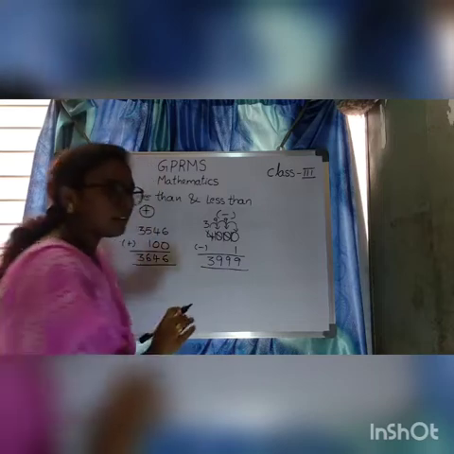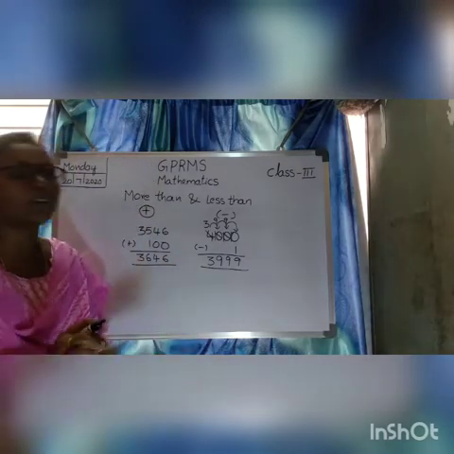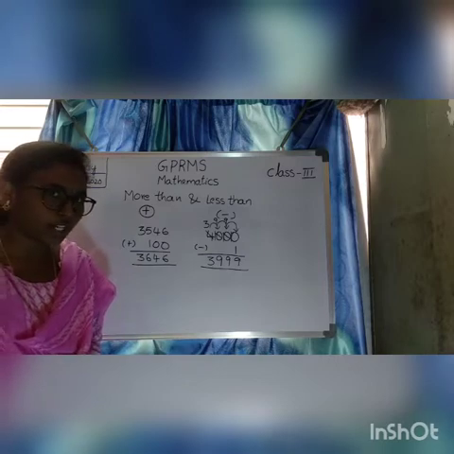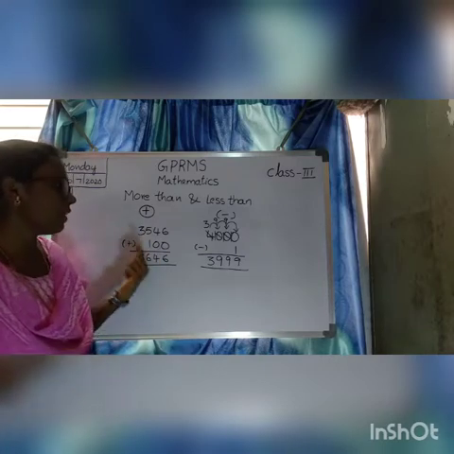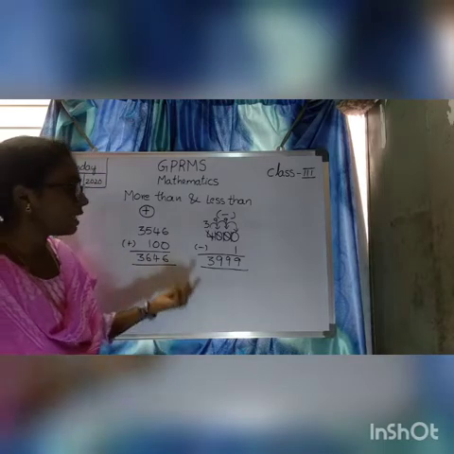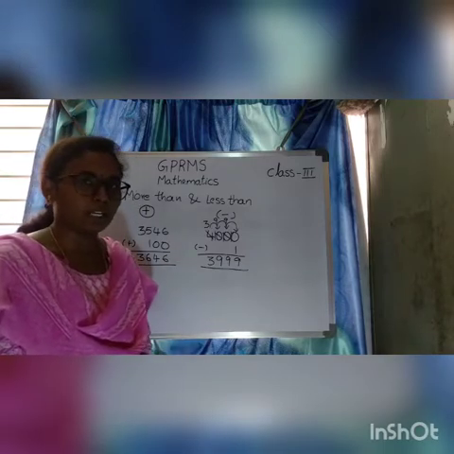So 3999 will be our number, which is 1 less than 4000. Understood, children? So in this way, more means addition, you should add that particular number. Less means you should subtract that particular number.